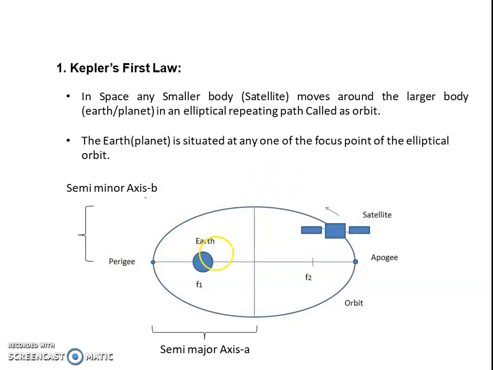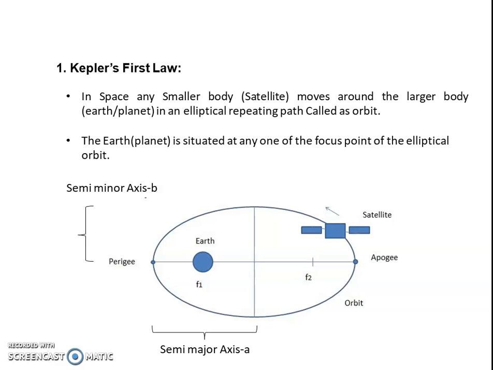So these values of a and b define the actual shape of the orbit: if a is equal to b, if both are equal, the shape of the orbit will be circular. So this is all about Kepler's first law.